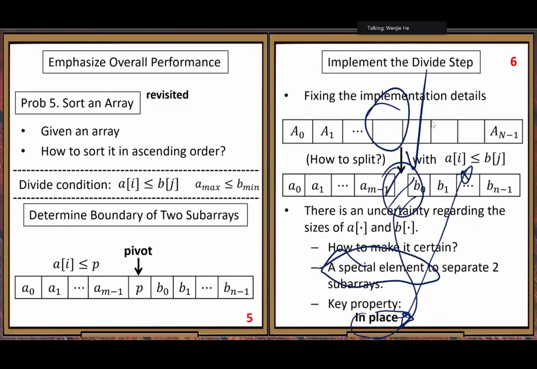Similarly, the B subarray is located at the right-hand side of P, so we should have P less than or equal to all the values of the B subarray. In this way, if we can find a P that satisfies these two inequalities, then we get what we want, right? So we complete the partition step in this way.